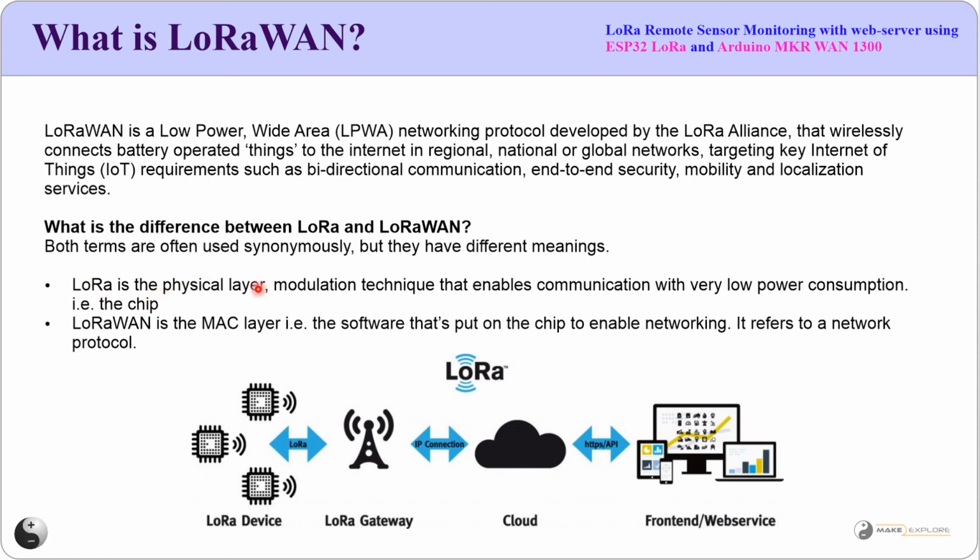LoRa is a physical layer, and LoRaWAN is a MAC layer, that is the software put on the chip to enable networking. It refers to the network protocol. LoRa refers to the chip, LoRaWAN refers to the network protocol.